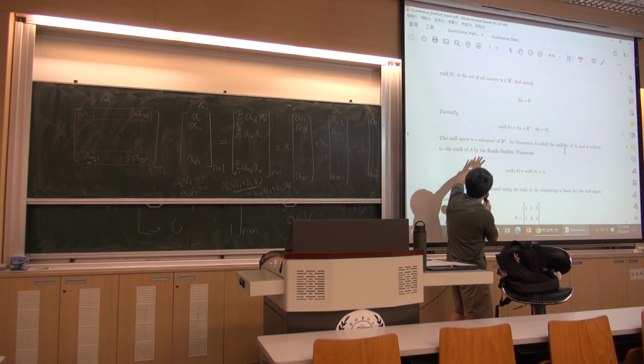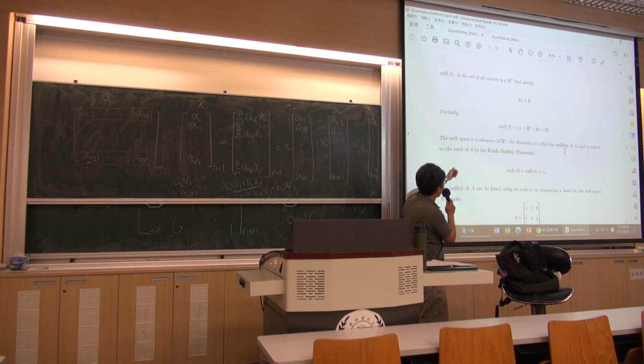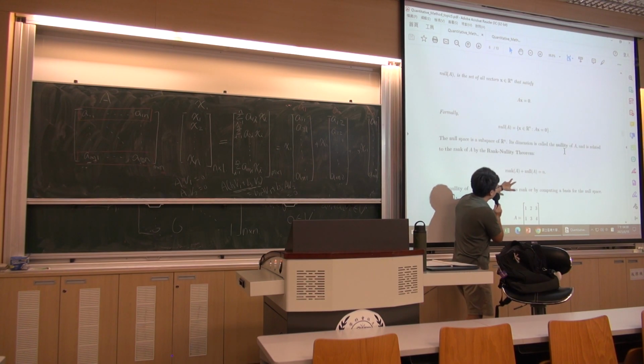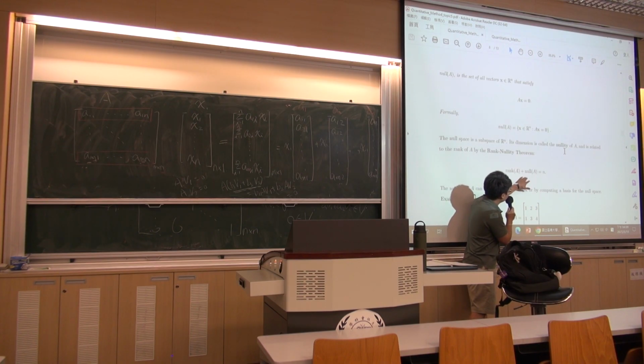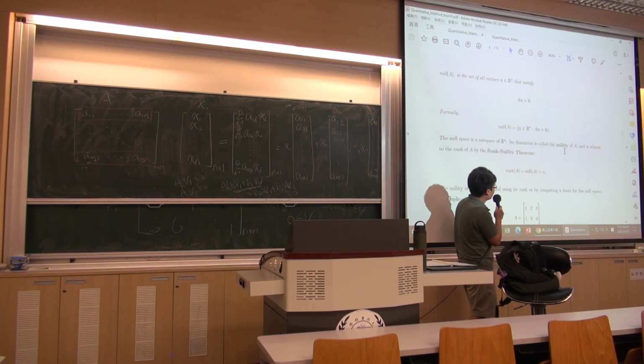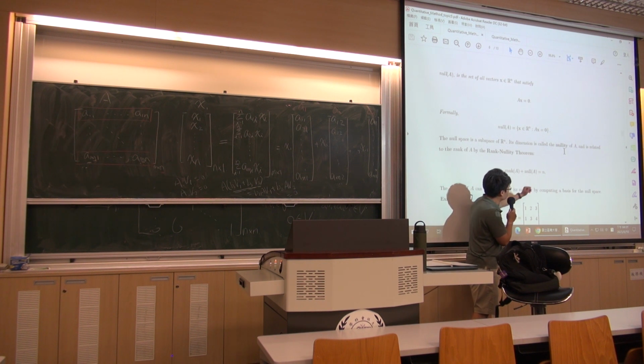Let's say this is in Rn, right? So the dimension of the null space and the rank, if you add these two together, then we will get exactly the number n here.